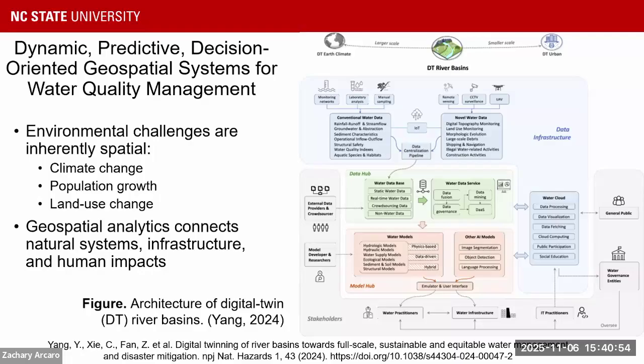This idea of bringing together monitoring networks, laboratory analysis, sampling, along with computer modeling, remote sensing, UAVs, this Internet of Things, maybe in-stream sensors, and being able to be more predictive, hopefully one day near real time, understanding what the water quality is and being able to have adaptive management based on that. And if that were to happen, geospatial analytics is the root of the basis, the real framework of that.